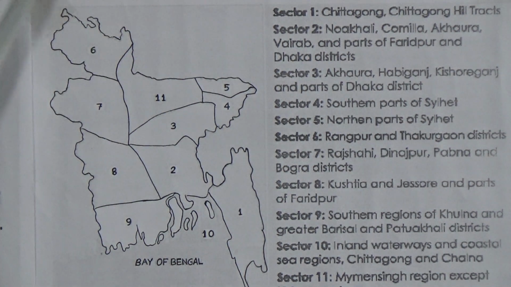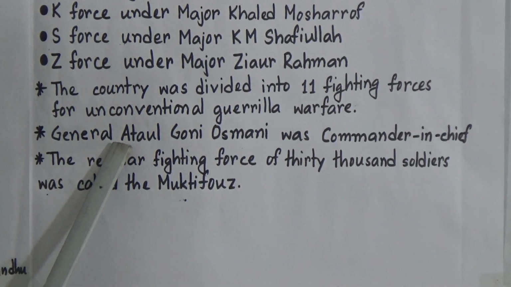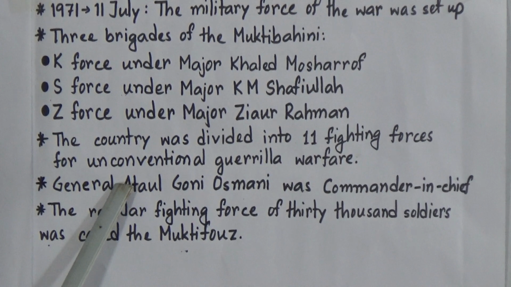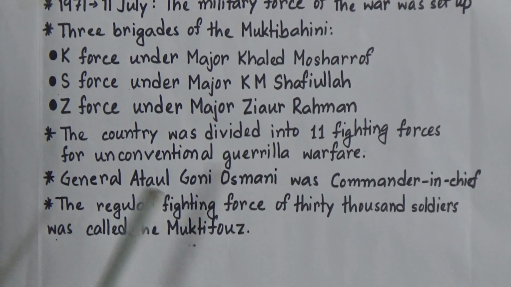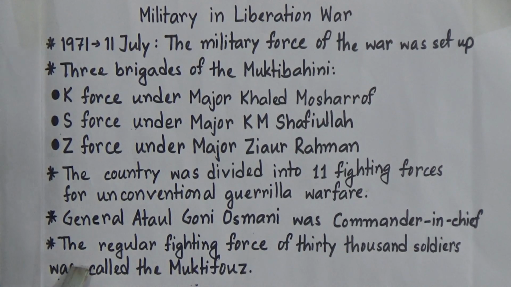General Ataul Ghani Osmani was the commander-in-chief of the Mukti Bahini. He was also known as Bangabir. And there were other forces, and these fighters took training from India, and then they took part in guerrilla warfare and frontal attacks.